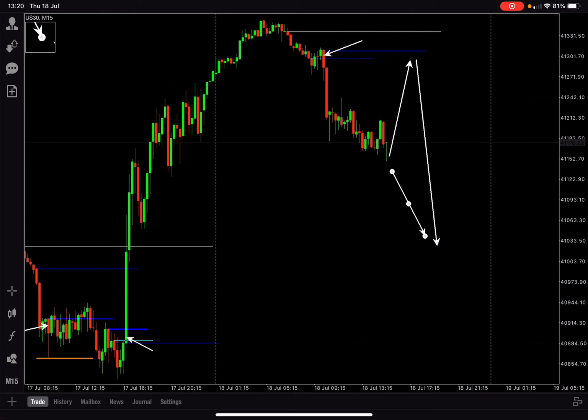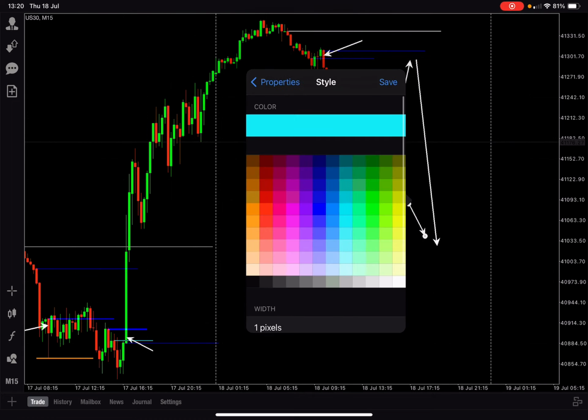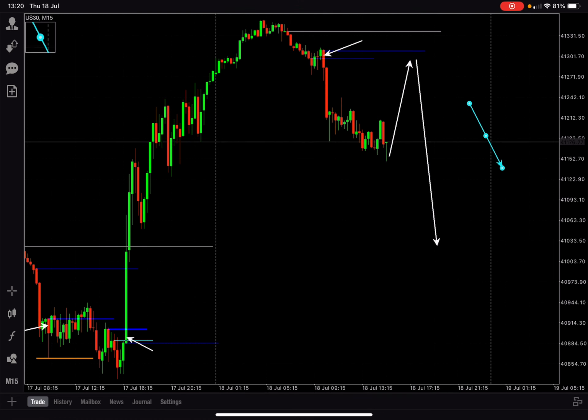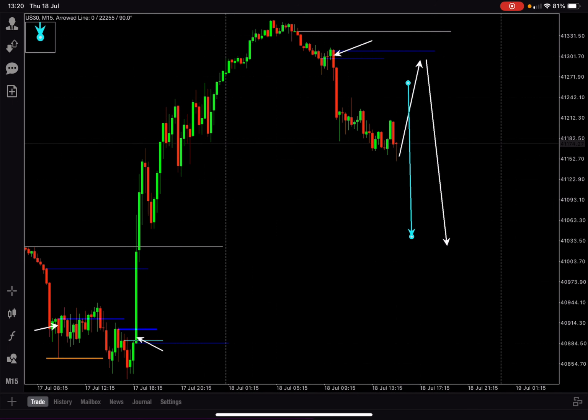The other scenario is they will simply continue to buy during the New York session. You might get the push up and then price continues down into this area, which would be done by the New York session, and then the New York traders can start buying again.